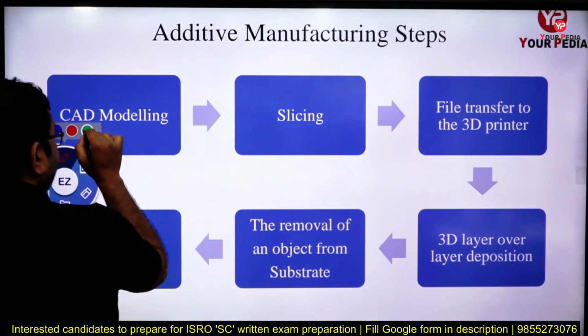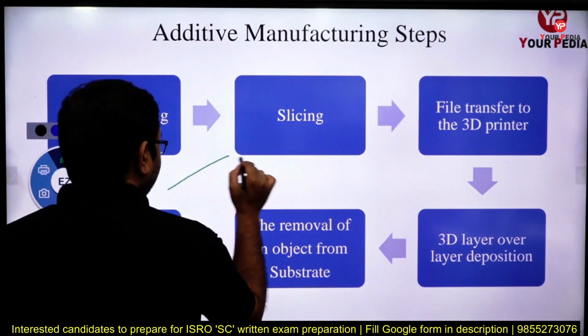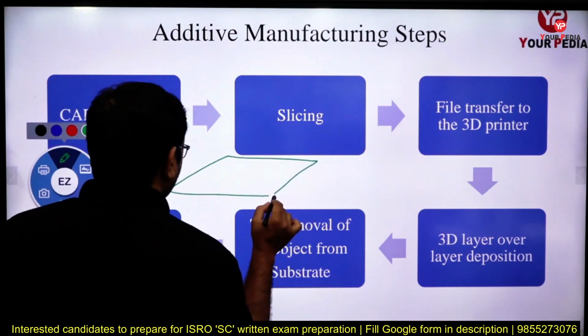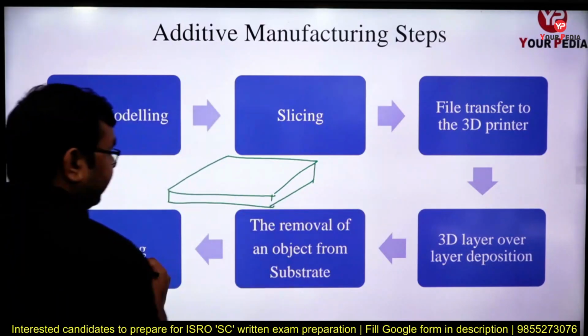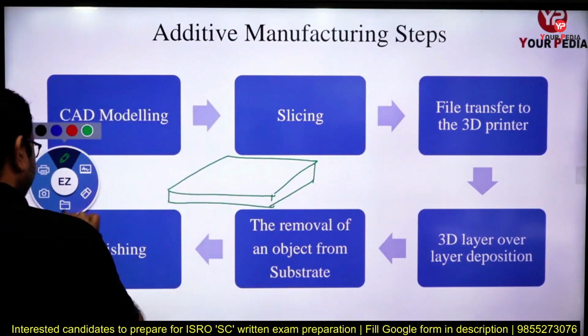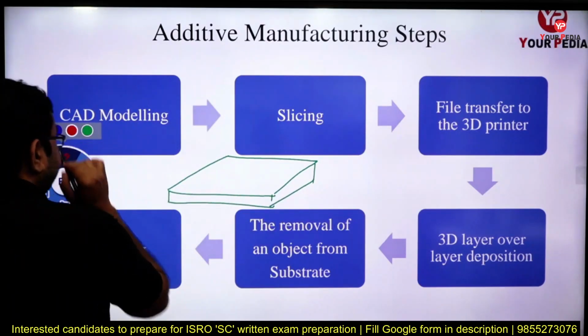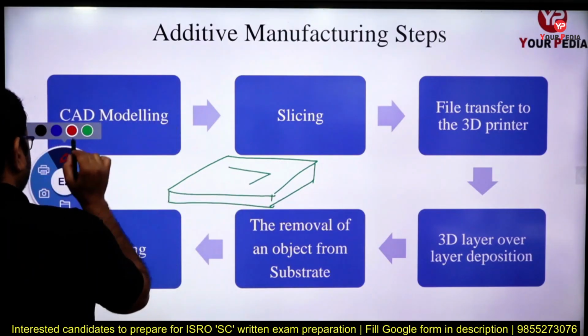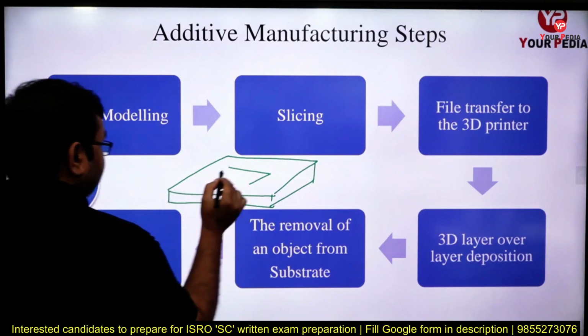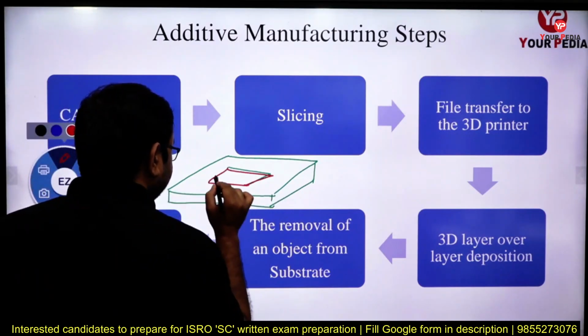Let's suppose this is a weld platform, which is called the substrate, and over the substrate we make our three-dimensional object like this. We deposit our object like this.